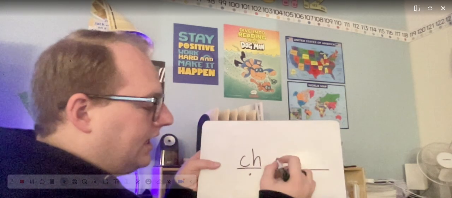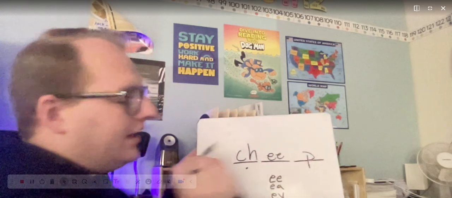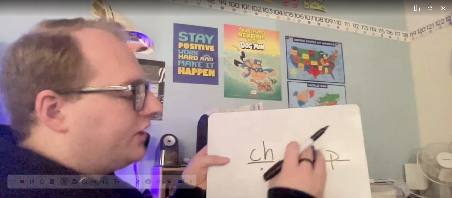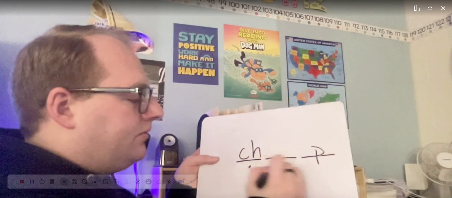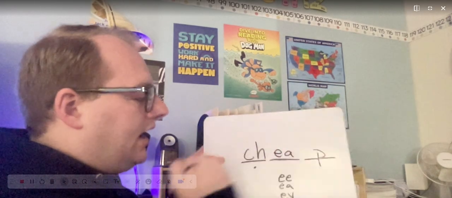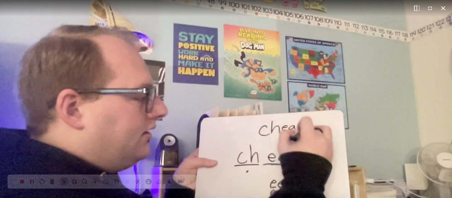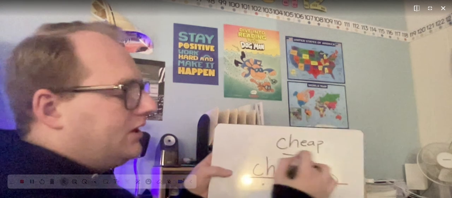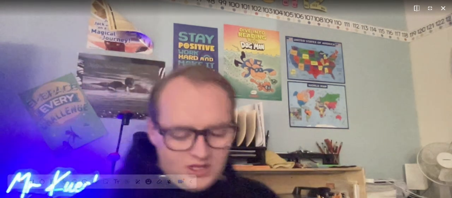Let's try EE. And then P. Now, I don't love that spelling, so I'm going to try the other spelling for the long E sound. EA, cheap. That looks correct. Let's rewrite it. Cheap. Good.